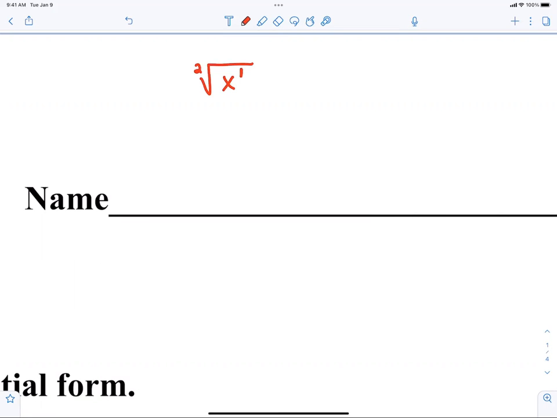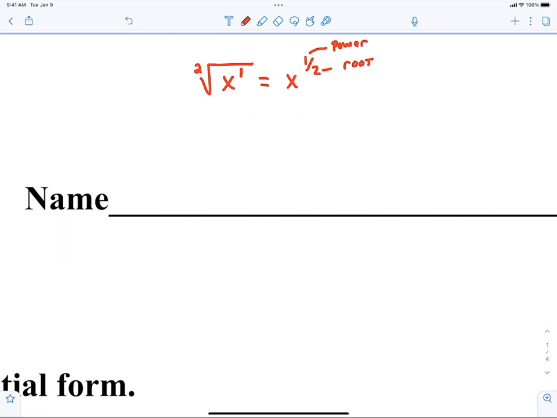So you can write this as a rational exponent. You can write that as x to the 1/2 power. I used to tell kids, remember, 1 is the power and the denominator is the root.